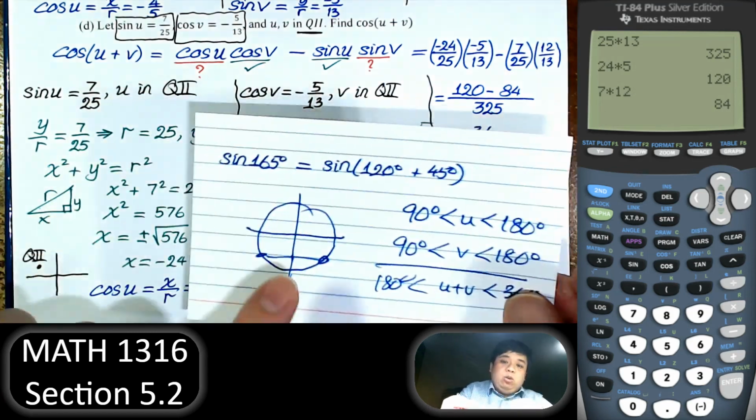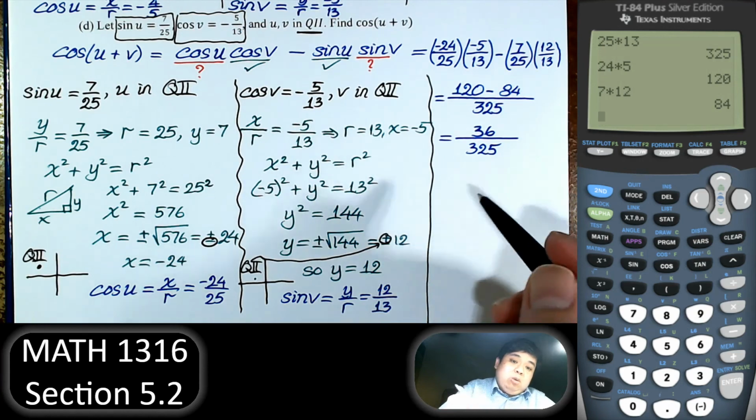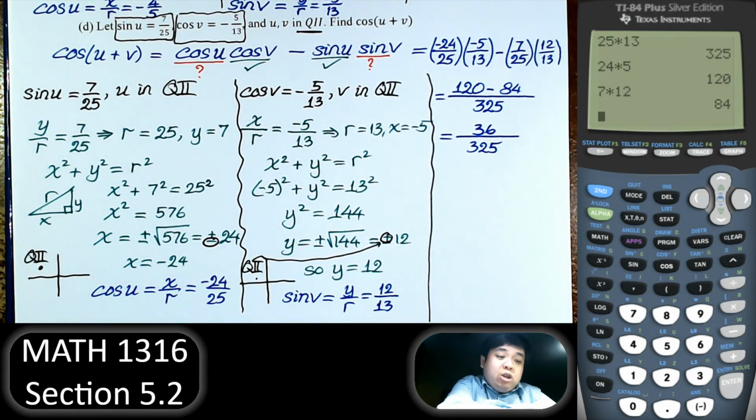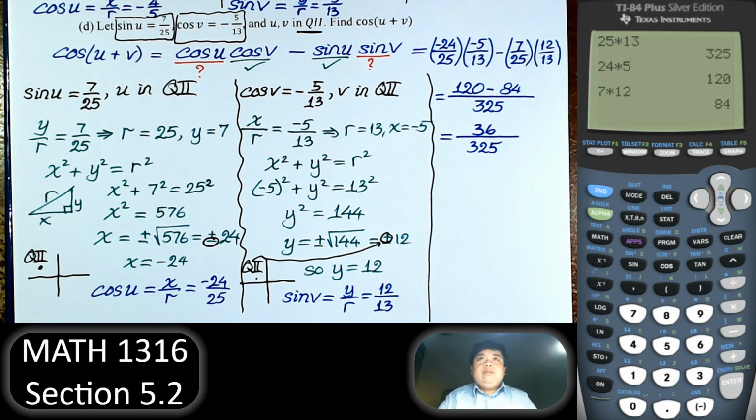So the answer could be in quadrant 3 or quadrant 4. When we do this, it turned out to be positive. So we know that u plus v should be in quadrant 4. Right. So that's all we have here.